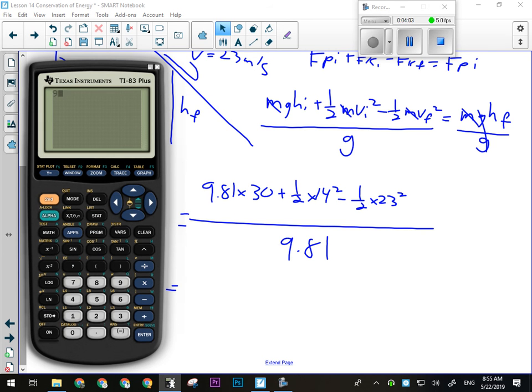Okay, so we've got 9.81 times 30 plus 0.5 times 14 squared minus 0.5 times 23 squared, divided by 9.81. Okay, so when it's moving at 23 meters per second, it's 13 meters above the ground. Okay, or above the bottom of the hill, we would say.